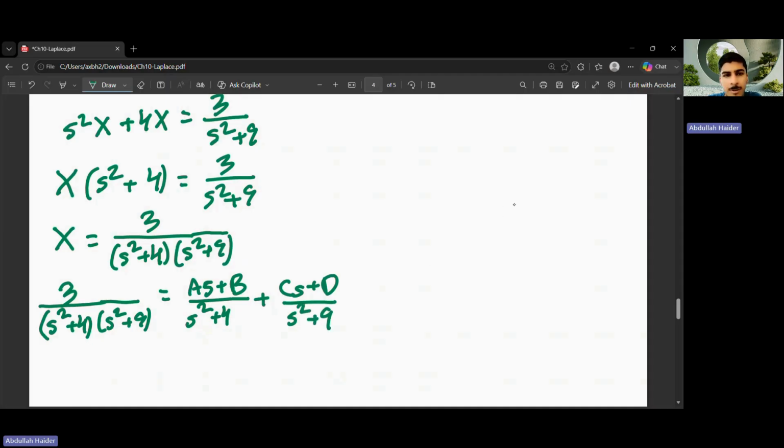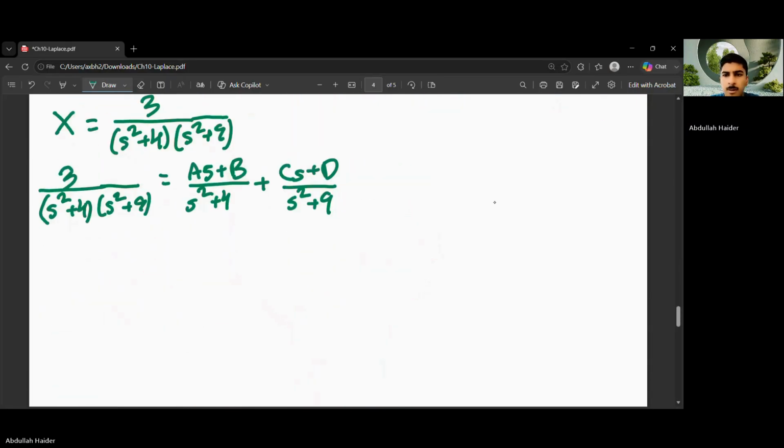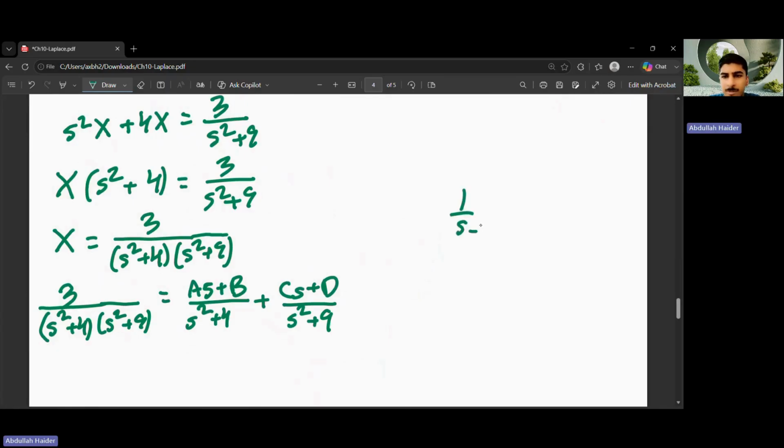So basically, like in the previous example, we had something like 1 over s minus 3. In that case, you'll have only an a. But if you have 1 over s squared plus 4, and the fact that this cannot be factored, s squared plus 4 cannot be factored, s squared plus 9 cannot be factored, then you have to write an expression like as plus b.